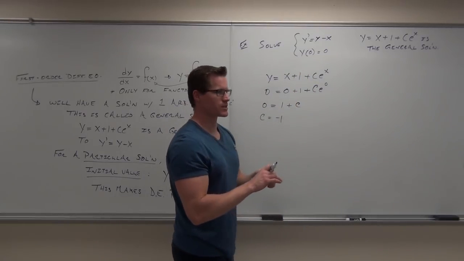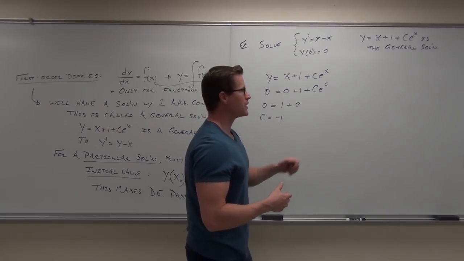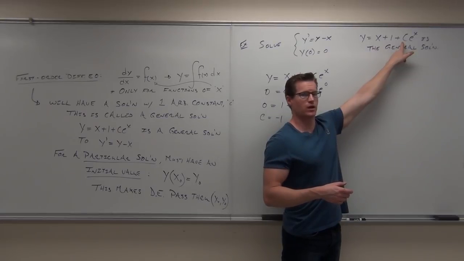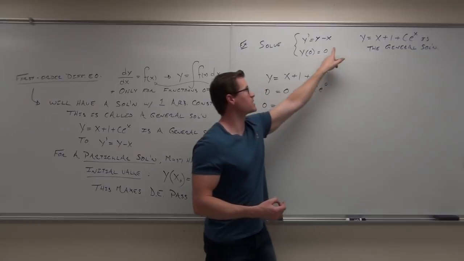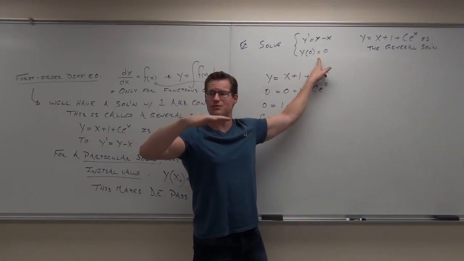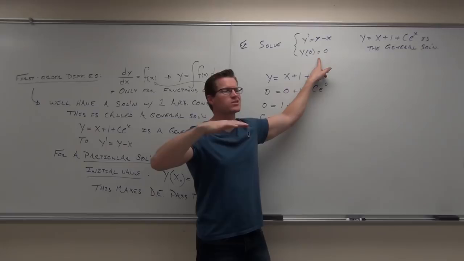So look what this does, okay? I'll try to explain this to you one more time. A general solution is a family of curves because you can plug any number into that. So it's going to give you a different curve for every single number you plug in. If I want to go through a specific point, now you're limiting that family of curves to one specific family. And to solve for that, you need to tell me what the C is.